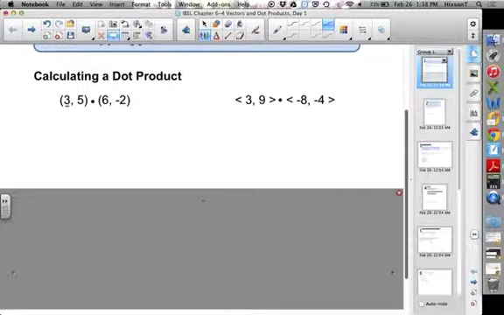So I'm going to take the horizontal components, 3 times 6, and add to that the product of the vertical components, 5 times a negative 2. So I have 18 plus a negative 10, which gives us 8.